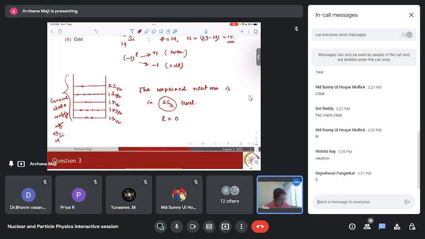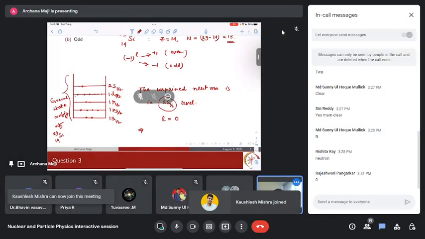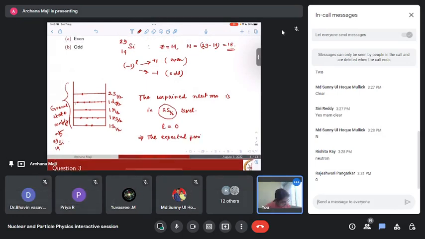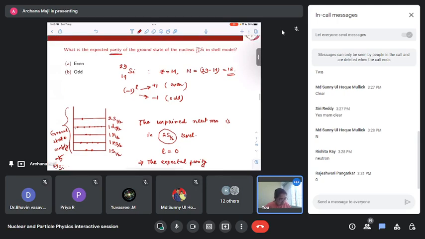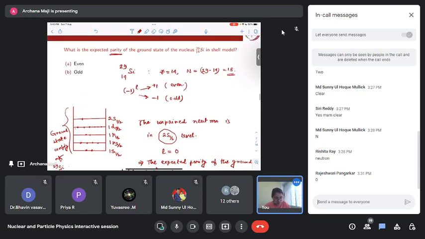L is 0 because it is an S state. So the expected parity of the ground state will be minus 1 to the power L. L is 0, so that is plus 1. So the answer is A, even.